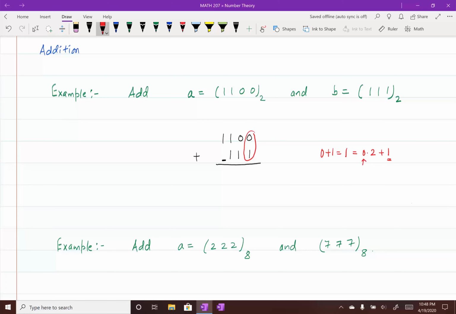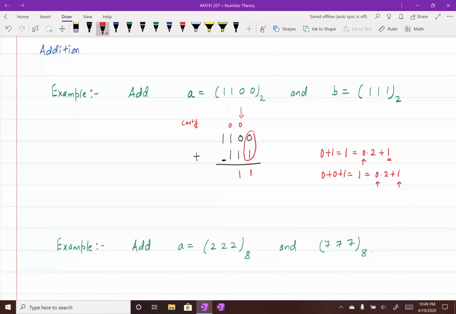So you put the remainder here as 1 and you take the quotient as a carry, okay. Then in the next step you add the second column. The second column is 0 plus 1, which is 1, and 1 you can represent as 0 times 2 plus 1. Again you have the quotient 0, remainder 1, so you put a 1 here and take the carry as the quotient 0.